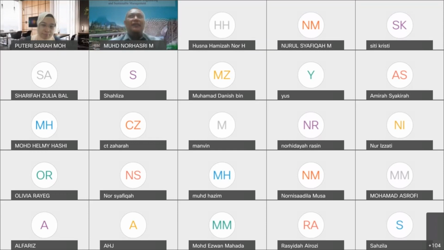That's why I always urge my students, at least in the first year of their candidature, to go to the lab and try your objective 1, objective 2. Is it possible to do or not? From there, you know if objective 1 and objective 2 cannot be done, how you want to proceed with the rest of the objectives. That's why it's very important to have a pilot study.